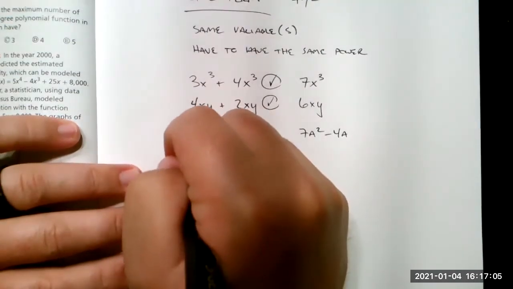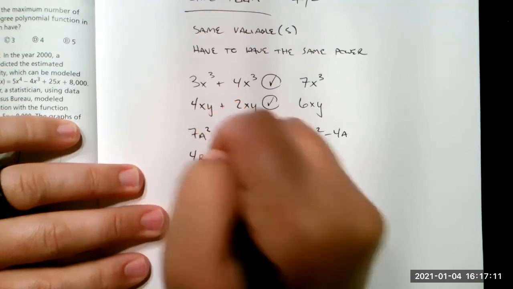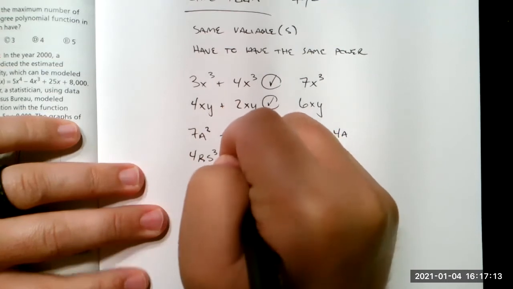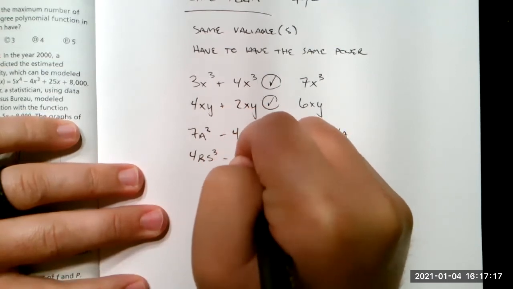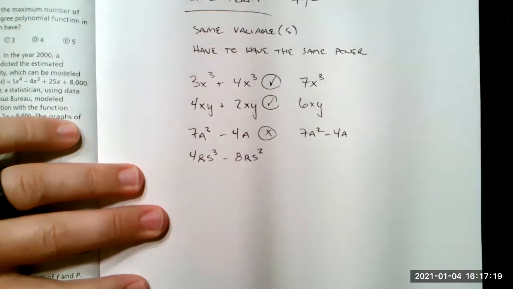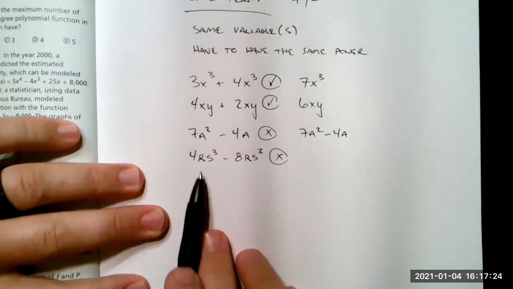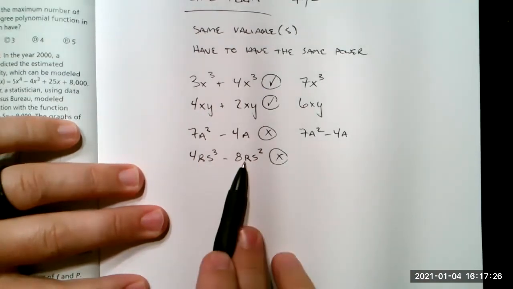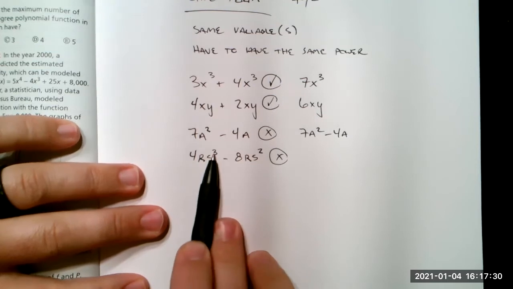So maybe something like 4rs cubed minus 8rs squared. I cannot do this. These are not like terms because in order for me to add these two things together, I have to have an r to the first and an s to the third.